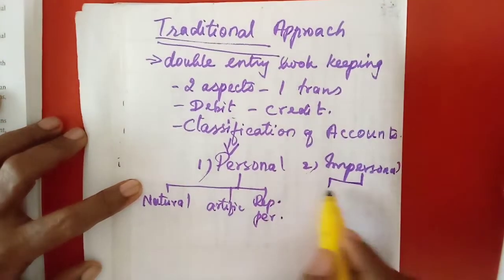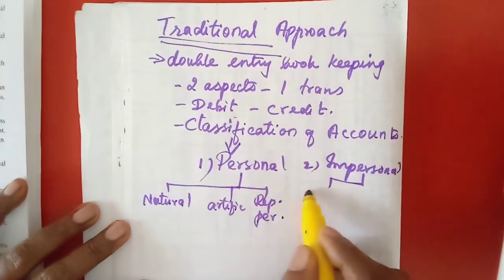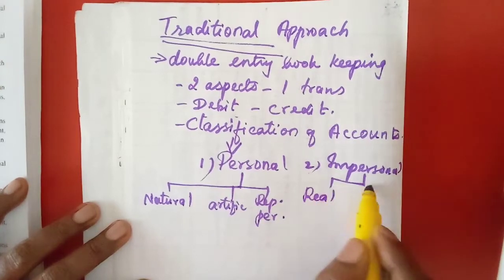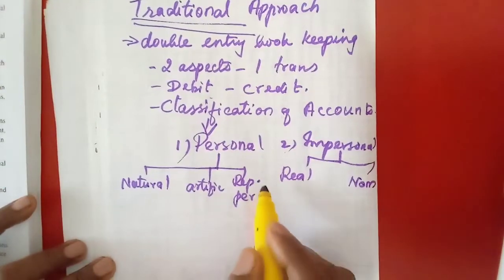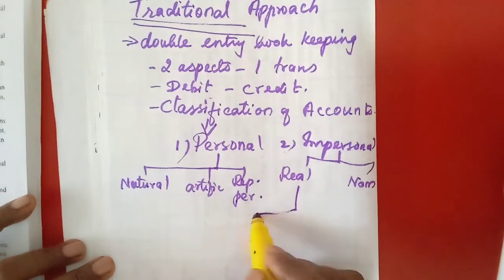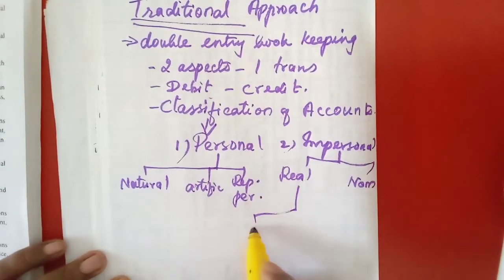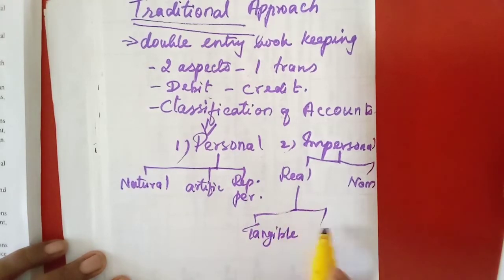Then impersonal is again divided into real account and nominal account. Then real account is again divided into two, that is tangible and intangible.